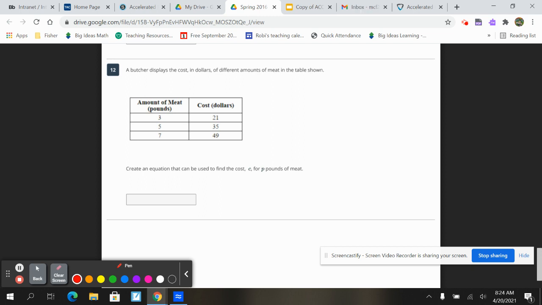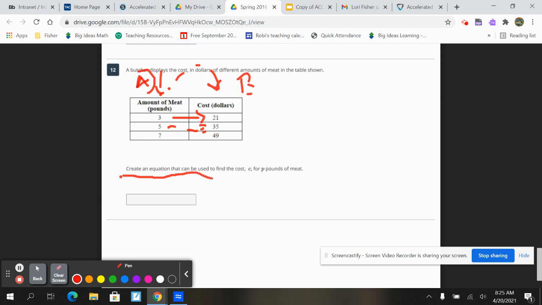If you recall, you have to do something to this column, I'll label it A, to get column B. So you have to do something to 3 to get 21. You got to do something to 5 to get 35. Does it have to be the same number? The answer is yes. Okay, here's the problem though.